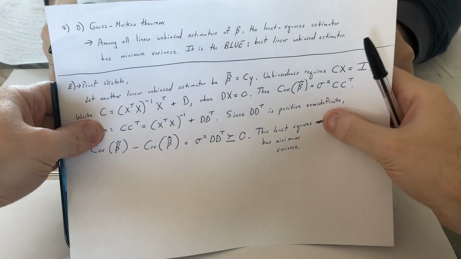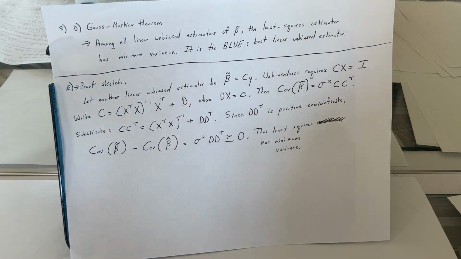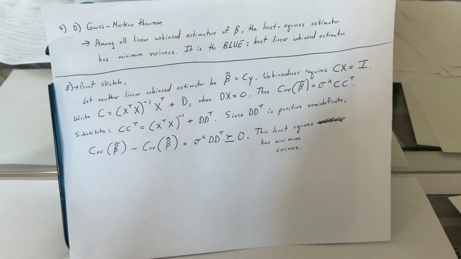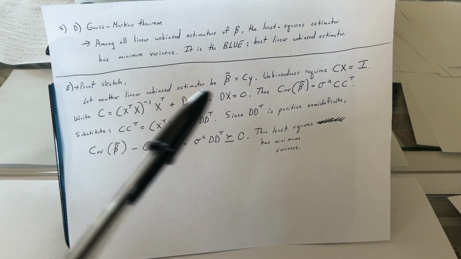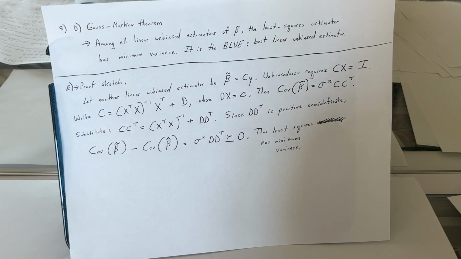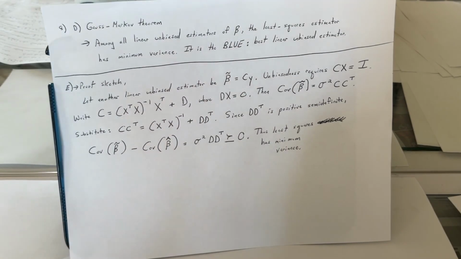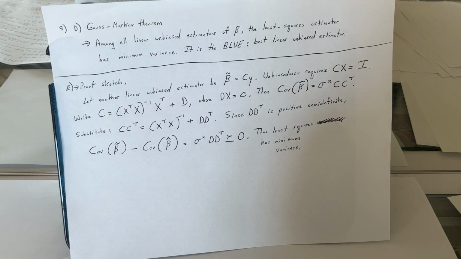Okay, Gauss-Markov theorem: among all linear unbiased estimators of β, the least squares estimator has minimum variance. It is the BLUE, the best linear unbiased estimator. And then our proof sketch. Unbiasedness requires CX equals I. So write C equals (X transpose X) inverse X transpose plus D, where DX equals 0. Then the covariance equals σ² C C transpose.